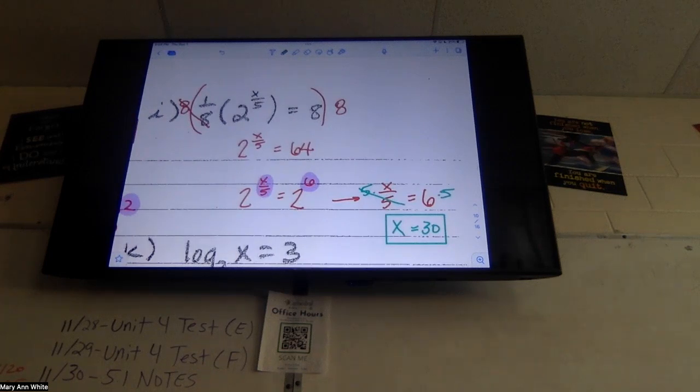We kind of went from like hard, easy, easy, hard, kind of moving it around like that. So check your I, let me know if you have questions.